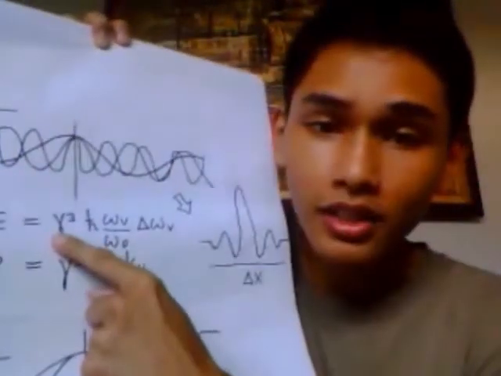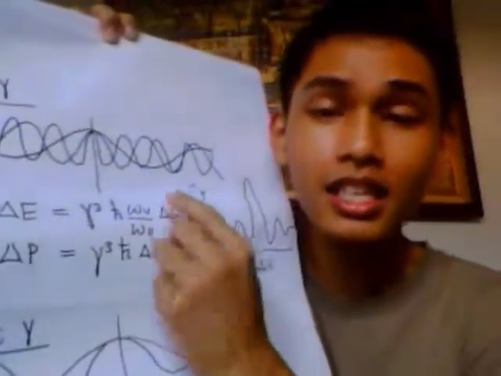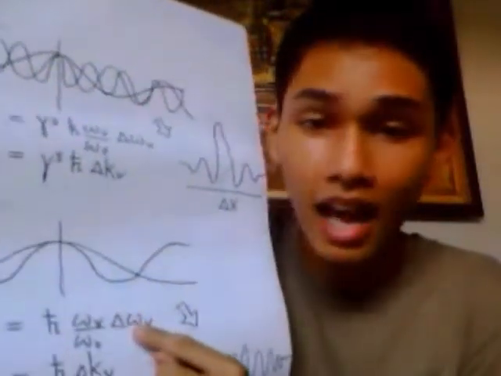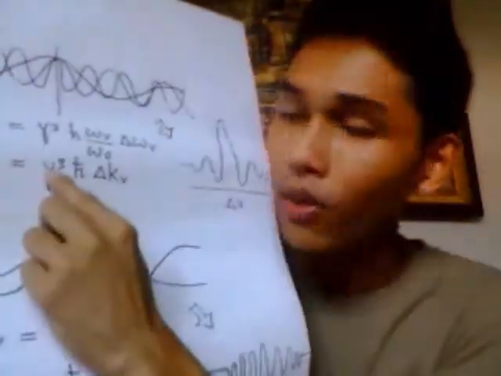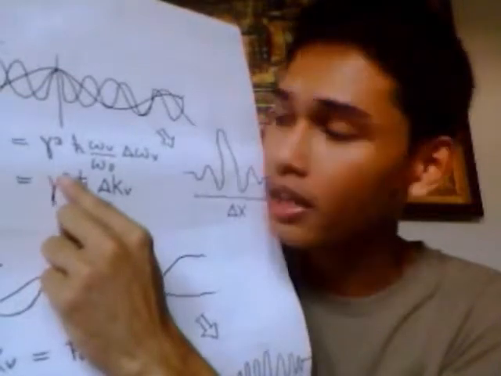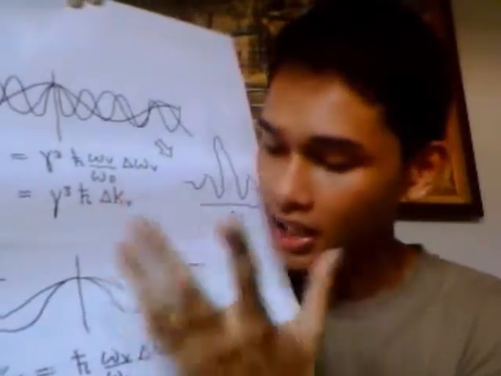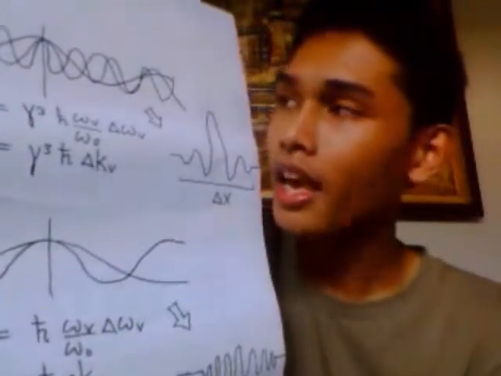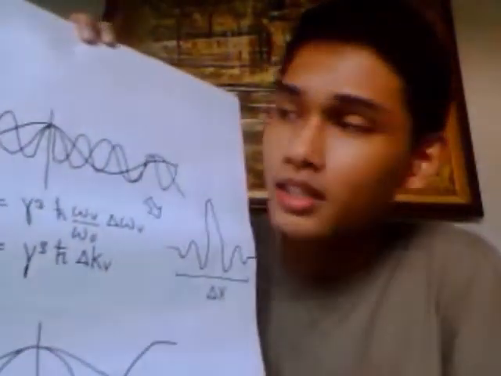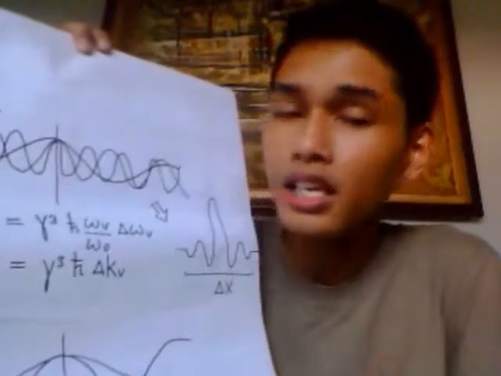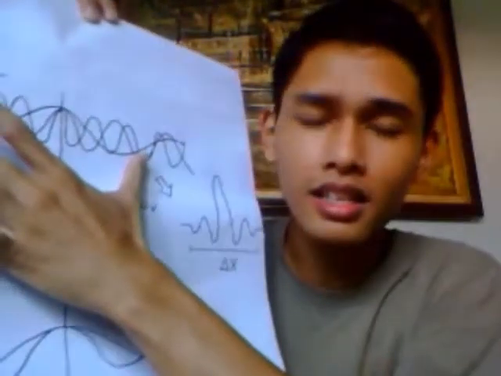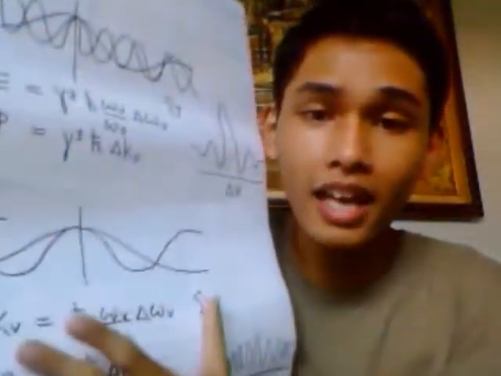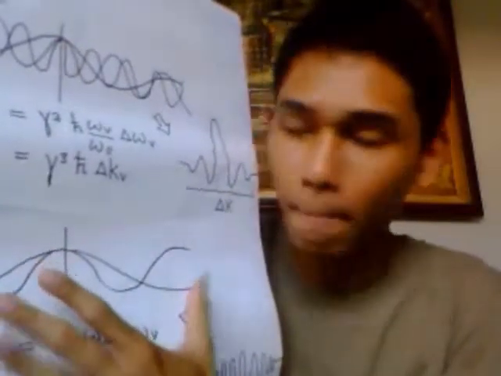This Lorentz factor can make this uncertainty bigger than this uncertainty, and also make this uncertainty bigger than this uncertainty. As a consequence, there are many more Fourier components in this superposition than in this superposition.